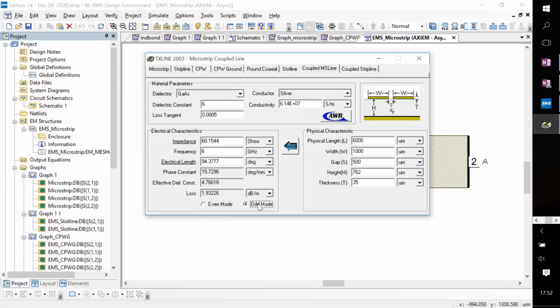Odd mode is faster than... No? Yeah. Why?